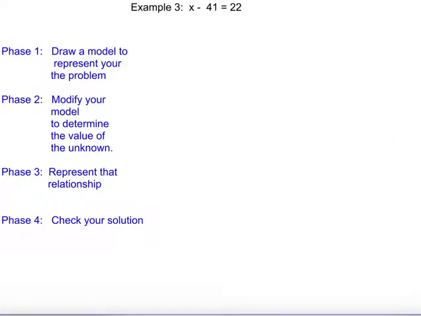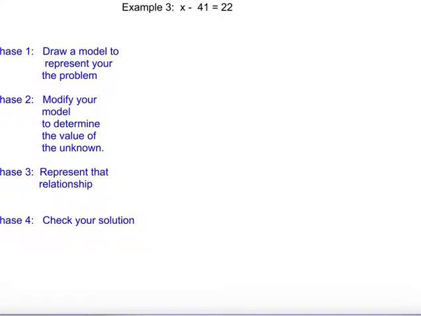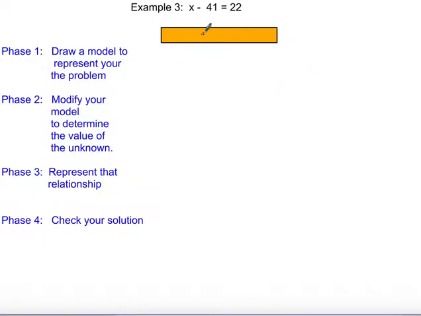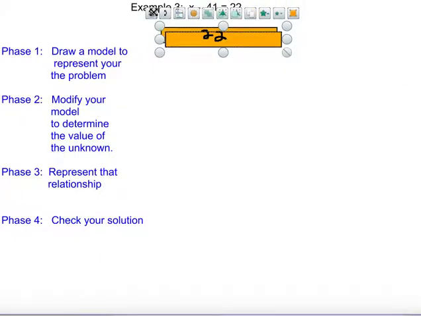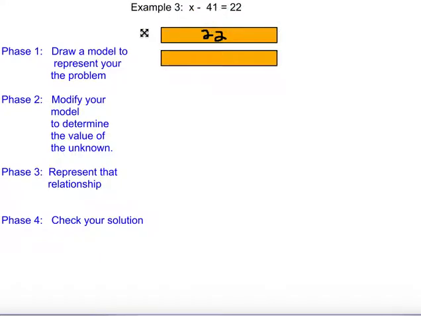Now we want to draw a model to represent this problem, which is x minus 41 is equal to 22. So we'll start off by drawing a bar, and that bar is supposed to have a value of 22. And then we will duplicate this bar, or this tape diagram, which has the exact same size as the one we already created.